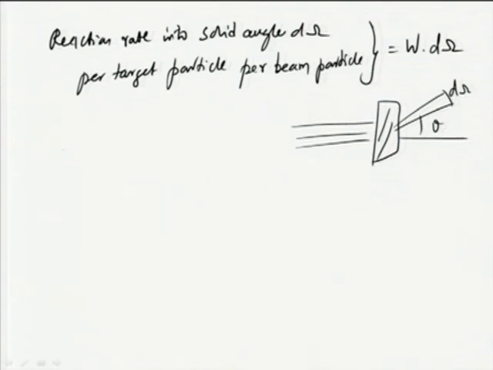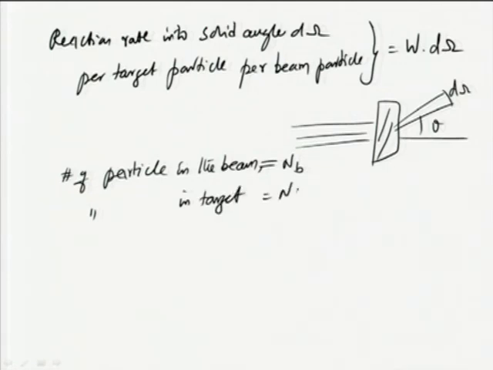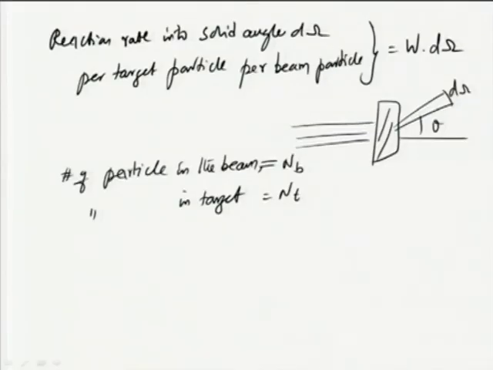So, now if the number of particles in the beam is equal to Nb and the number of particles in the target is equal to Nt. When I say number of particles in the target, it is within the cross sectional area of the beam, which is what is relevant. So, basically the region here.